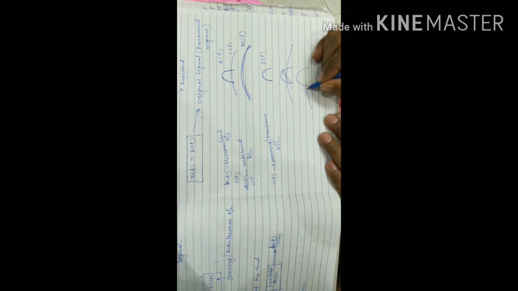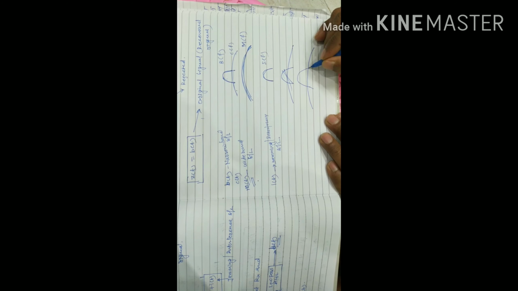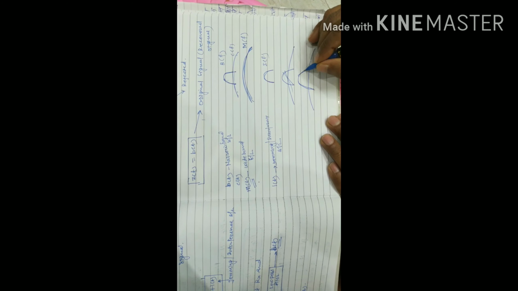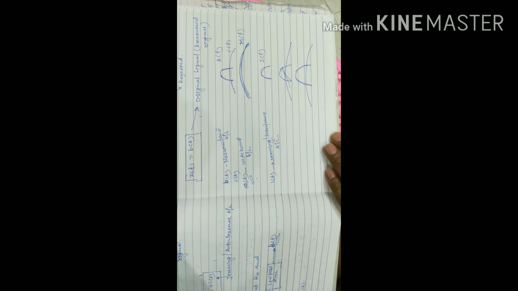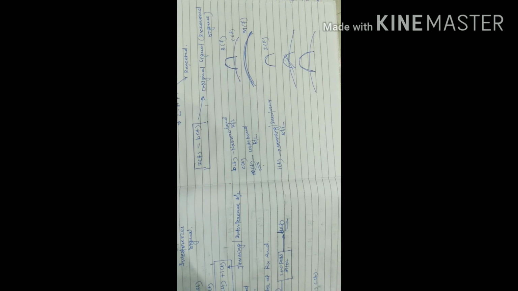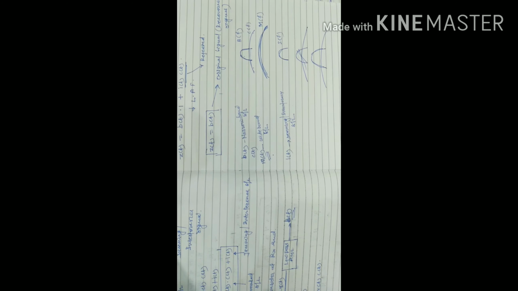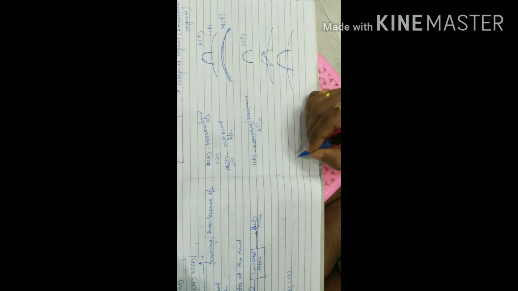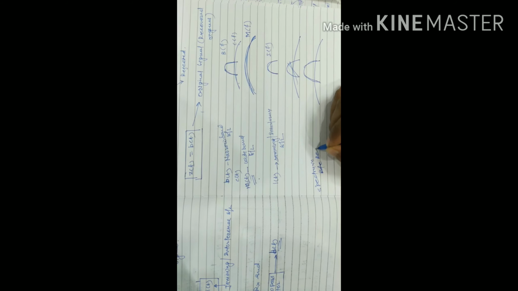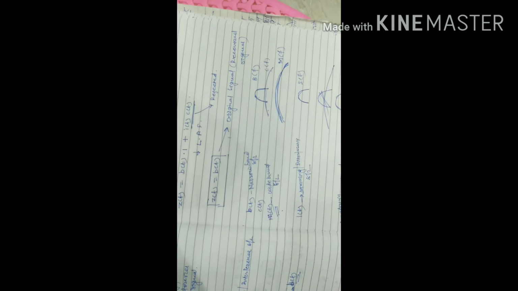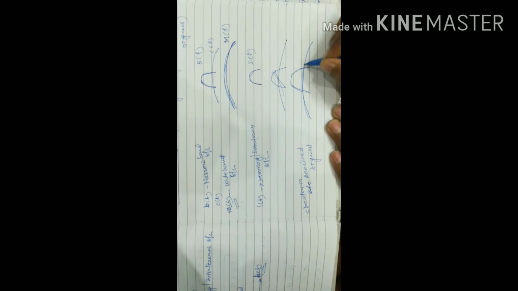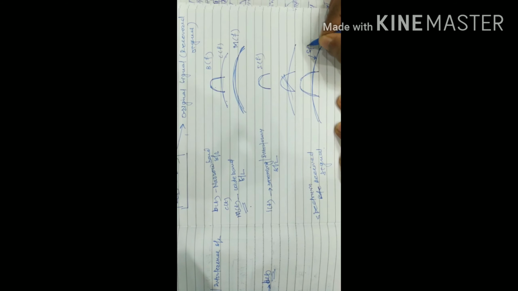It will have a certain, say, low amplitude. So this is the spectrum of the received signal. Here this is the spreaded signal.